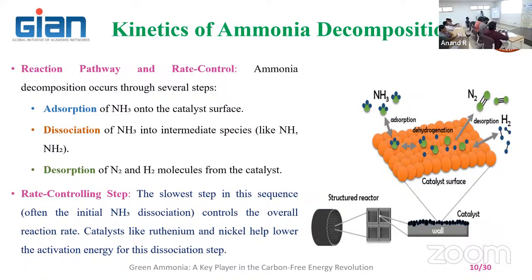Ultimately, the purpose of the decomposition is to recombine the hydrogen to form H2, then take out the nitrogen from the ammonia molecule. The slowest step in this sequence controls the overall reaction rate. Catalysts like ruthenium help to consume the minimum energy for the dissociation of ammonia.